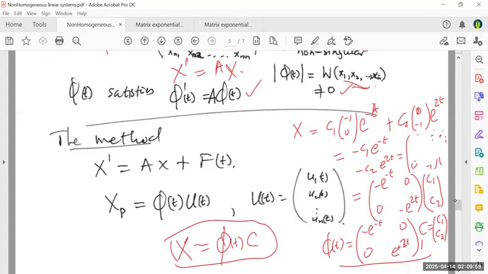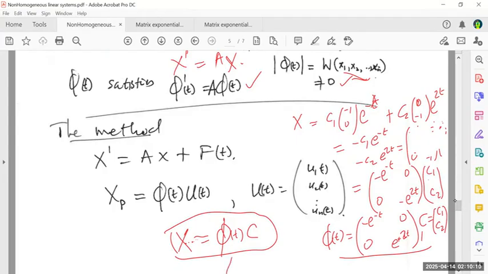And we have seen that since x is a solution, if you substitute, x prime is equal to phi prime of t times c, where c is a constant.